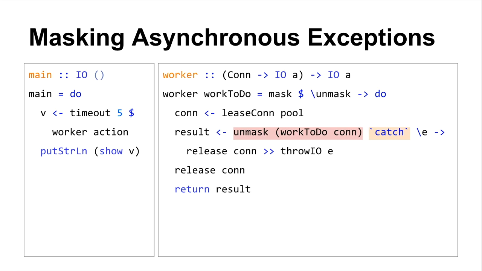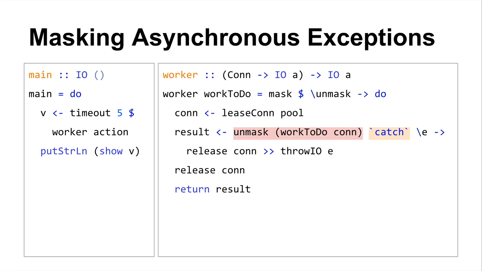The expression that was replaced with the asynchronously thrown exception, you could have wrapped a catch around that. You didn't actually have to use mask. So you could approximate what mask is doing by wrapping every single expression in your program in a catch.